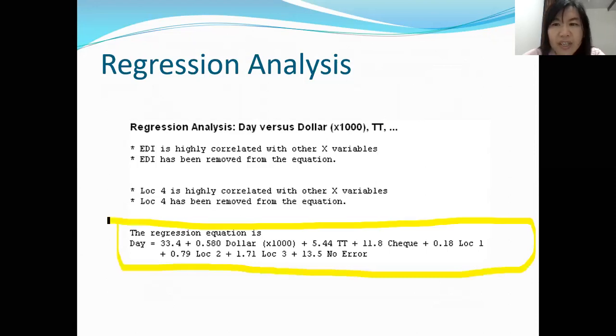We can predict for someone with certain characteristics, whether they pay using transfer, whether there is an error or not in the invoice, and where the location is, we can estimate the payment date. Yeah, so this is one of the significant impacts of using the powerful regression analysis.